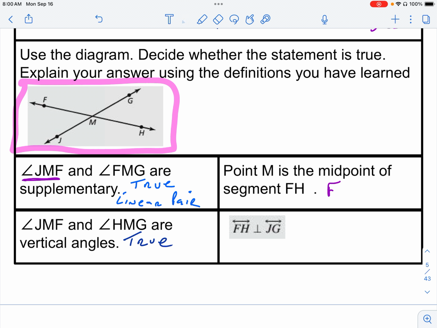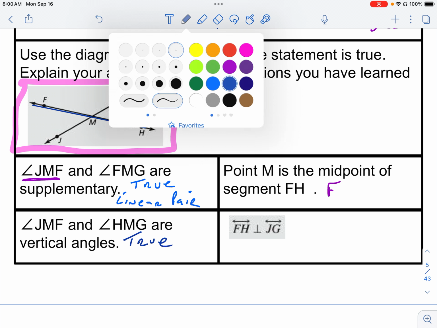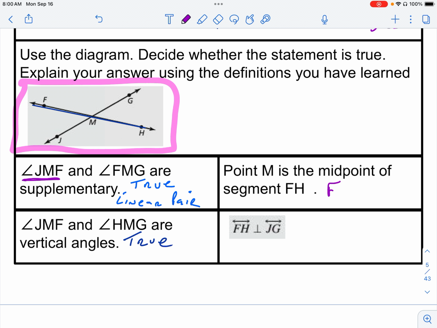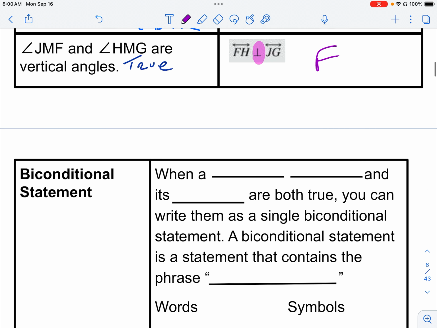Definition of vertical angles say so. And last one, FH right here, and JG right here are perpendicular. This is the sign for perpendicular lines. We have no idea what those angles are, so it is false.